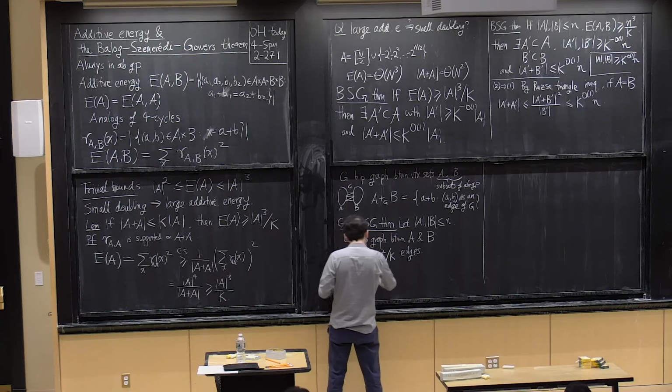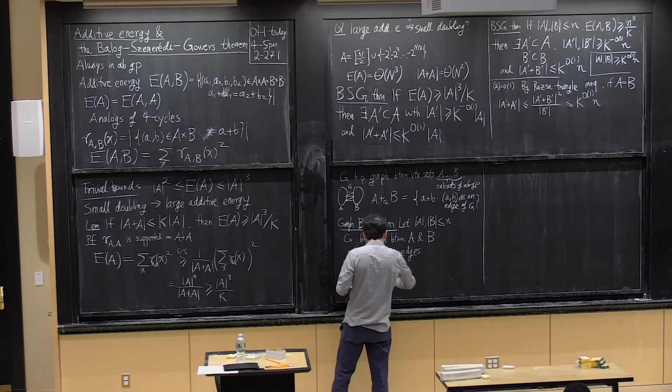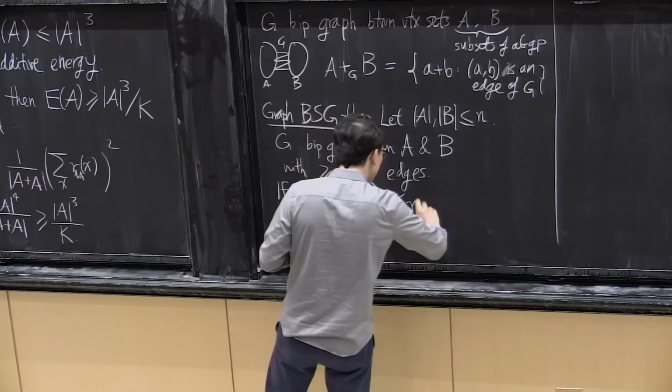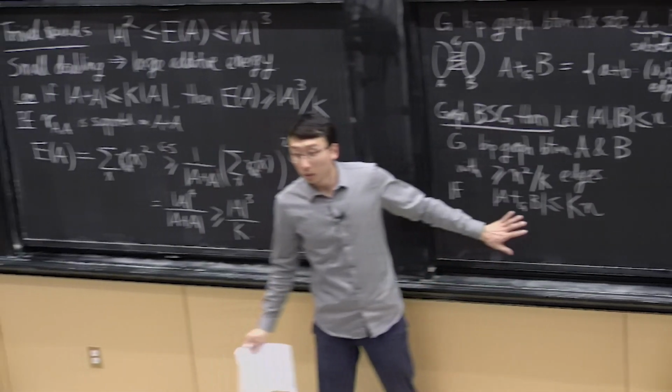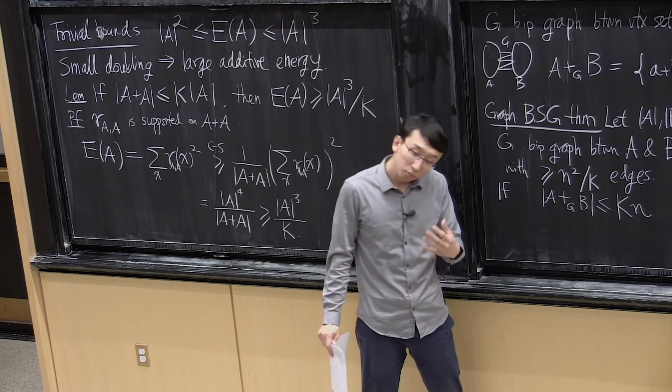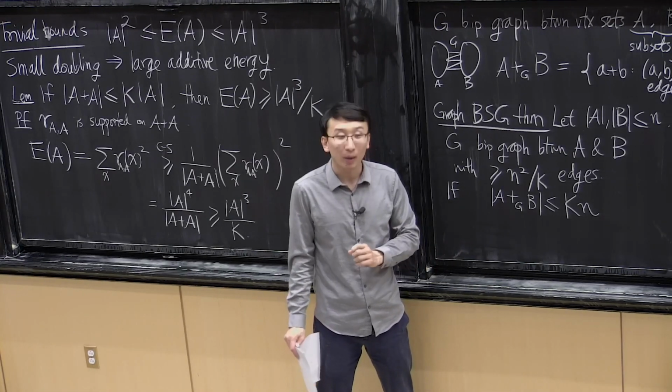If the restricted sum set between A and B is small, so here we're not looking at all the sums, but a large fraction of the possible pairwise sums.